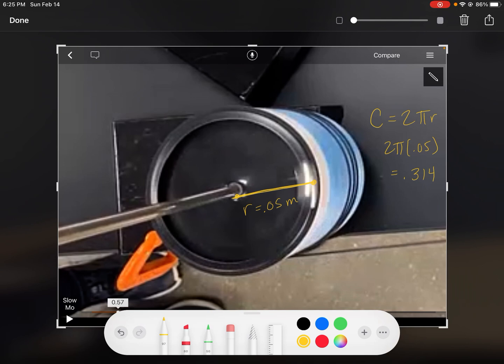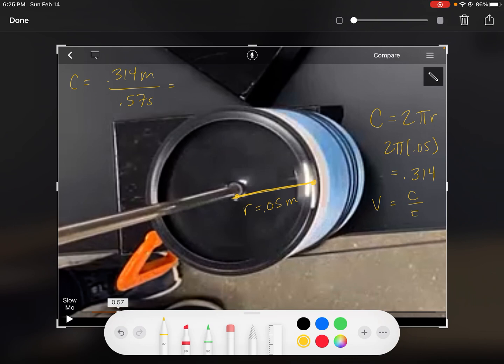And if I wanted to find the speed of that thumbtack, I would take the circumference over the time for 1 revolution. So that would be 0.314 meters to go around once, and then it was 0.57 seconds.